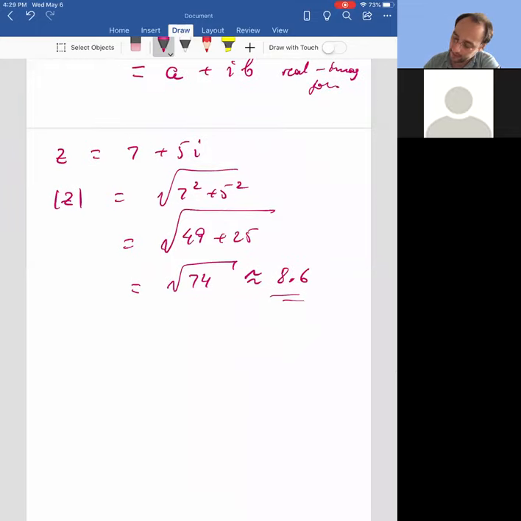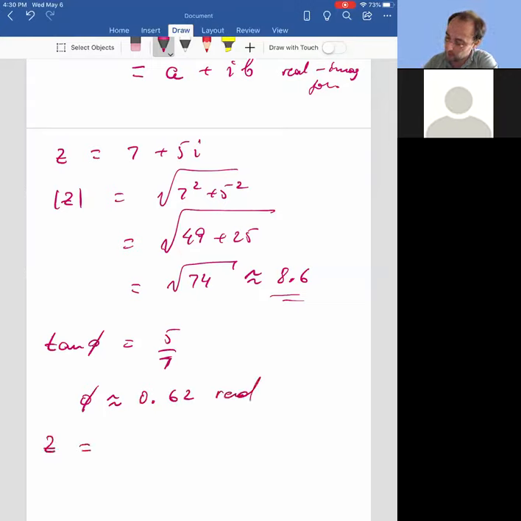And now let's get the phase. Tangent phi equals 5/7. So phi is approximately 0.62 radians.